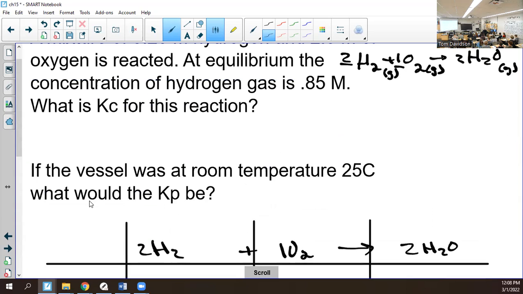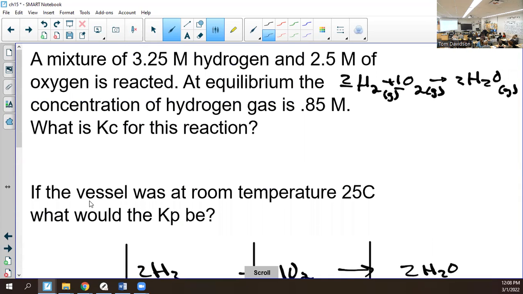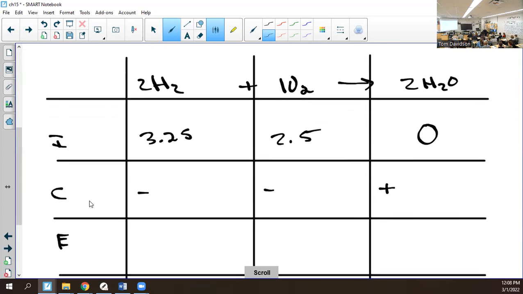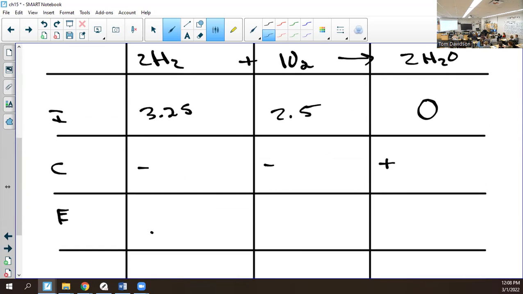Okay, at equilibrium, it says there's 0.85 hydrogen, correct? Everyone okay with that? What's the difference? 2.4?